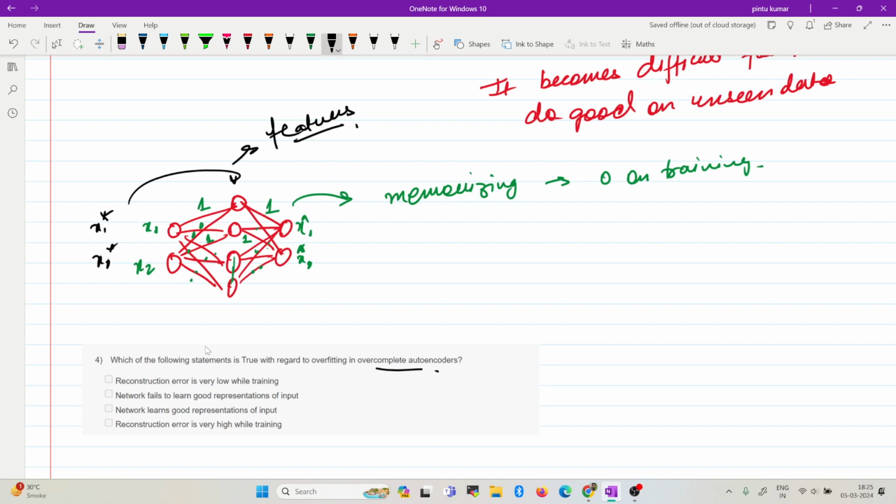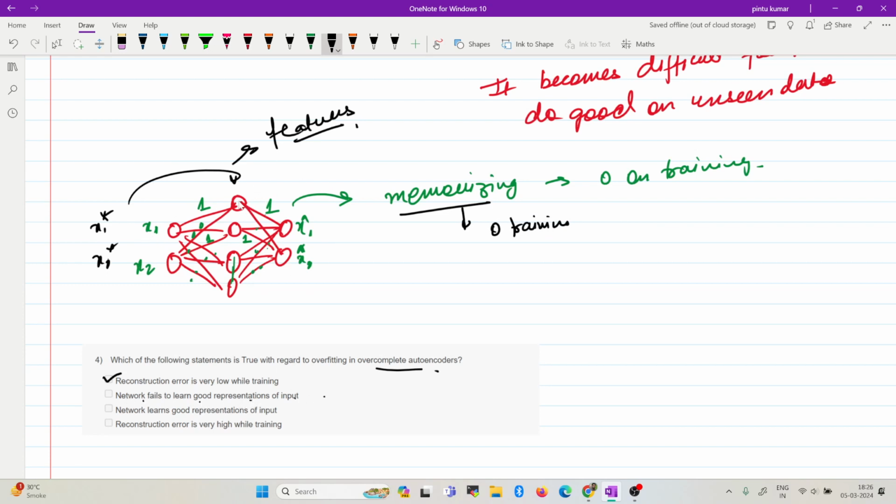It is asking which of the following statements is true with regard to overfitting in overcomplete autoencoders. The first option is reconstruction error is very low while training. This is correct. We just saw that if we assign weight 1 over here and 0 everywhere else, it can memorize every data point and give 0 training error. Next, the network fails to learn a good representation of the inputs.